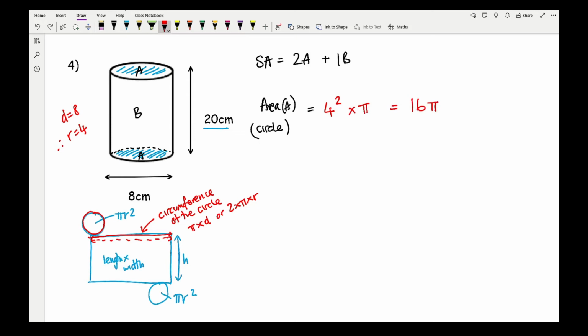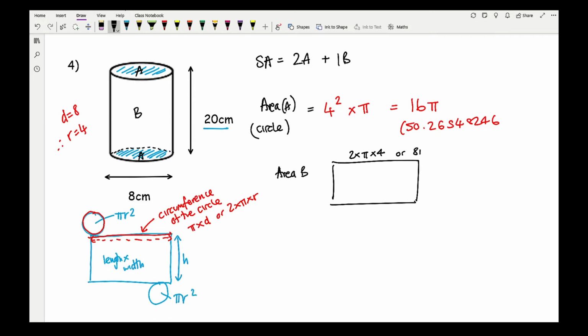So I'm just going to quickly work out what 16 pi is, and that is 50.265482446. And then working out the area of B, if I just draw a rectangle, this is going to be 2 times pi times r, so that's 2 times pi times 4, or I could write it as 8 pi, and the height is 20.